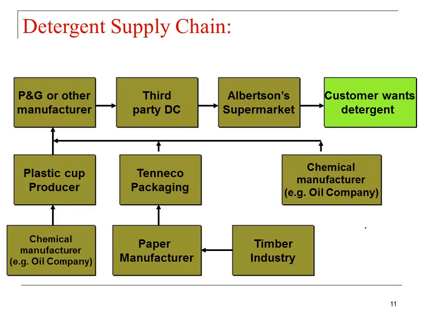Then there will be some supplier of the materials that they need in order to manufacture that component. We have the oil company that is going to be producing some of the raw materials that you need to produce that detergent. And also we have a chemical manufacturer that is going to be producing the plastic cup. And all together, then you can put together the product that you need for your customer.